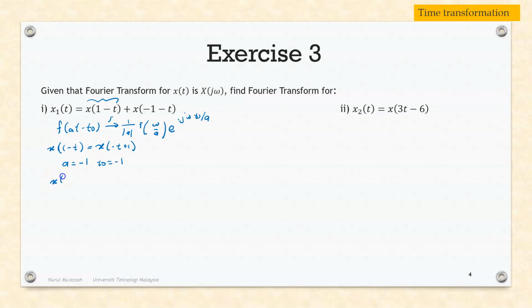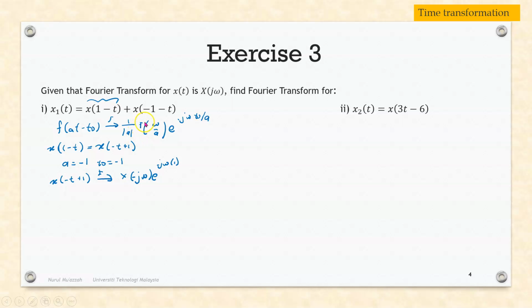So for x(-t + 1), the Fourier transform is X(-jω) exponent negative jω multiplied by 1. How did I get this? First, we know that a is negative 1, so 1 divided by the modulus of a is 1.